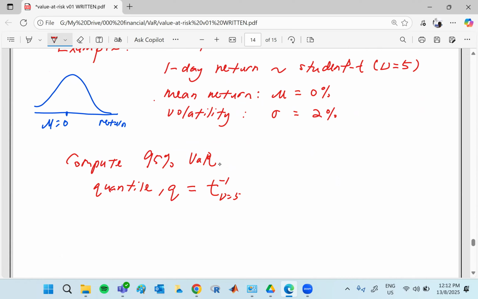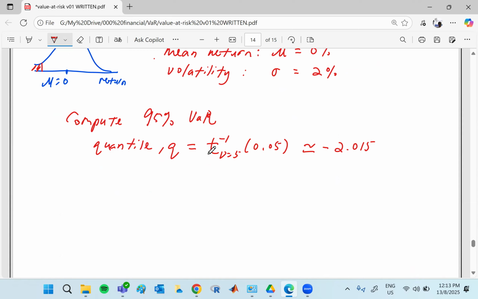So this will give you the T value at 5%, which is close to minus 2.015, somewhere around here in the left tail.